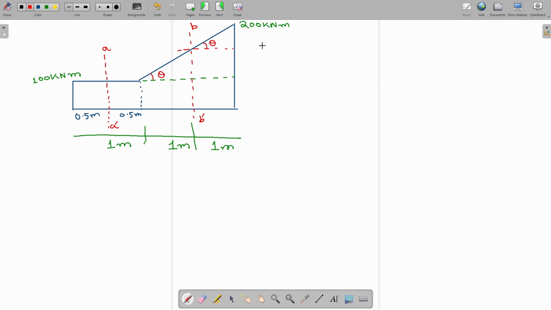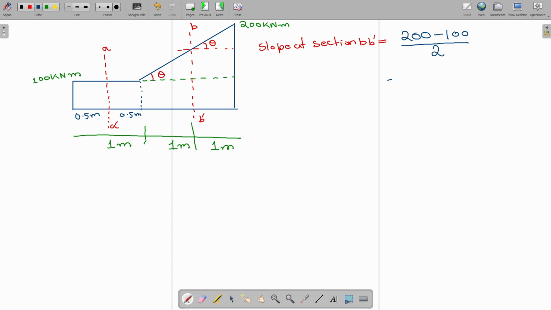Slope at section BB dash is equal to 200 kilonewton meter minus 100 kilonewton meter, divided by the distance, which is 2 meter.